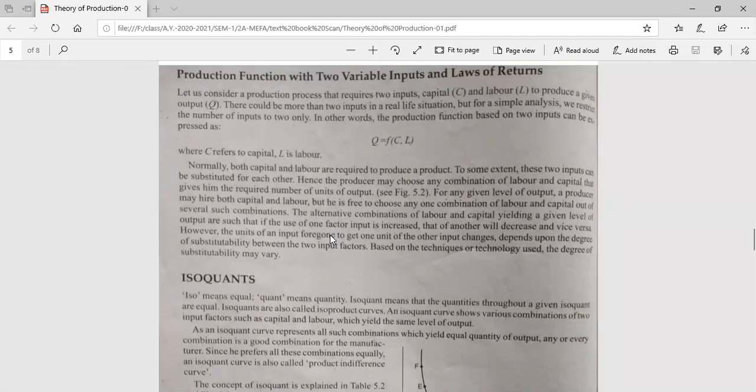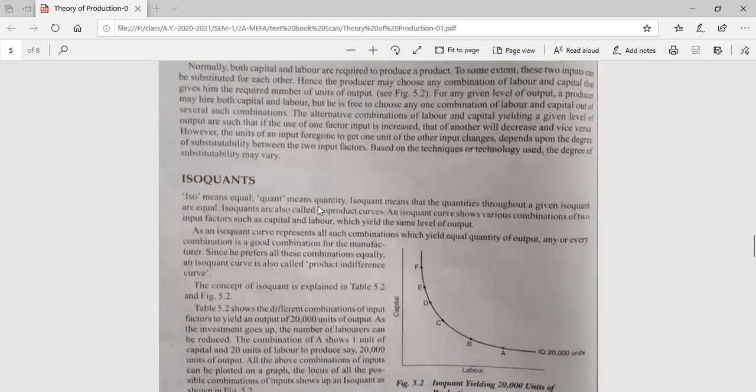So for the input, what is our return? Our return is the output, right? So here, we are indicating with the help of Q = F(C, L). Q is the quantity of output generated, and it is depending upon two factors, that is capital and labor.